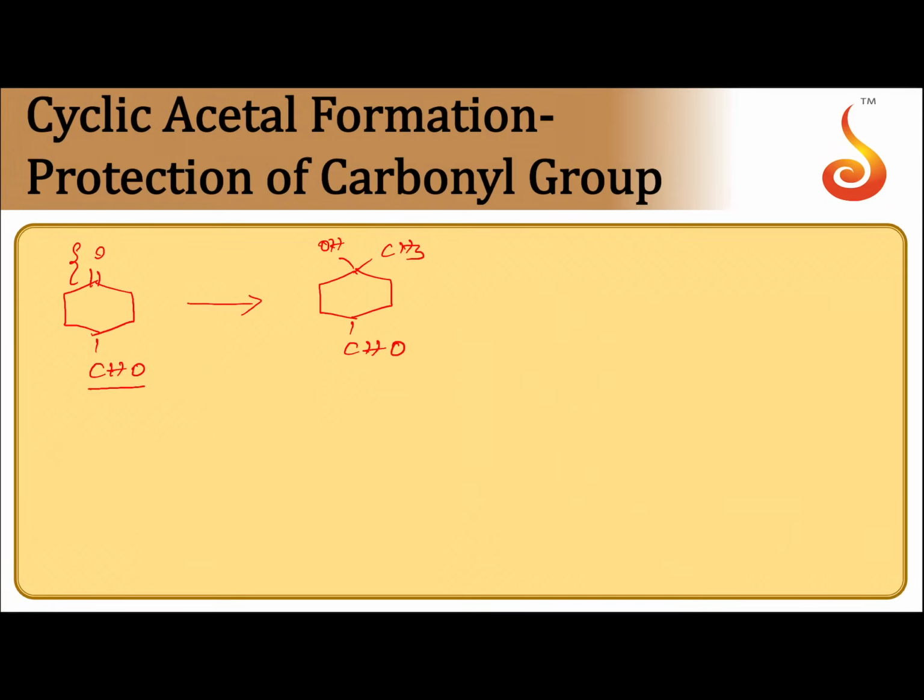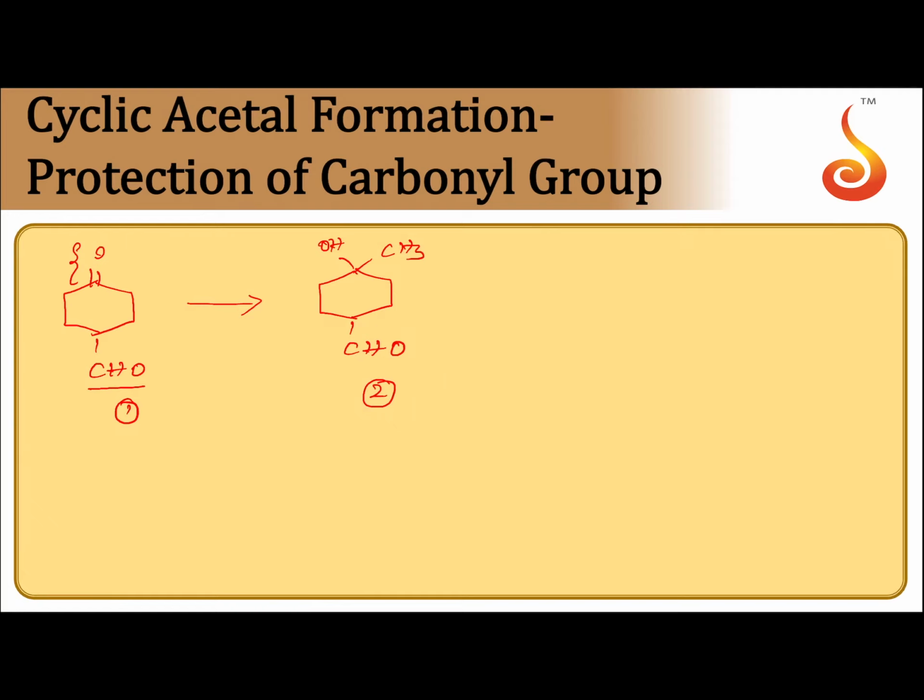Compound 1 should be converted to compound 2. Means the aldehyde group should not get affected and the ketone should be converted to a tertiary alcohol. How can I convert a ketone to a tertiary alcohol? By reacting with Grignard's reagent followed by hydrolysis.